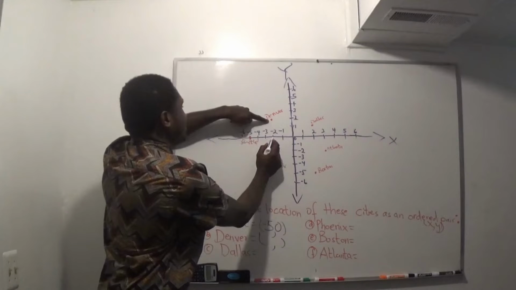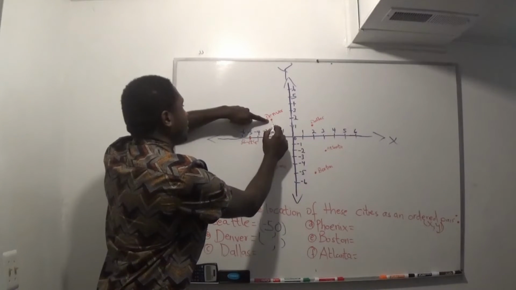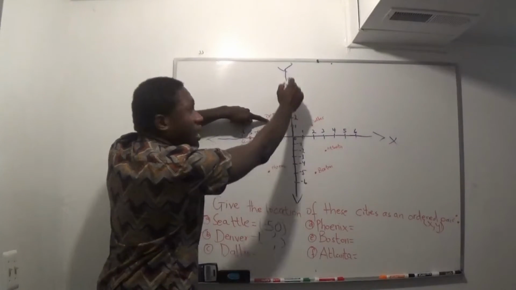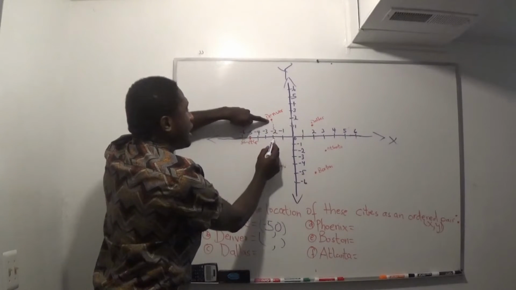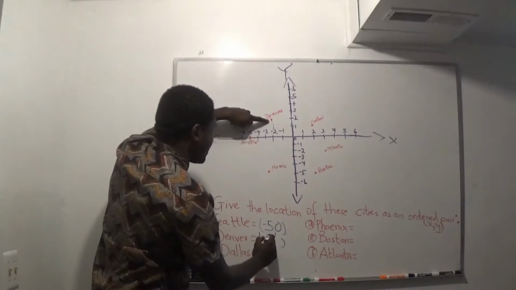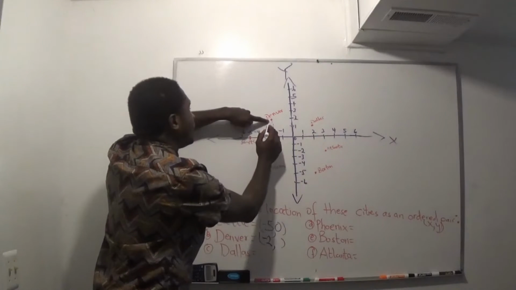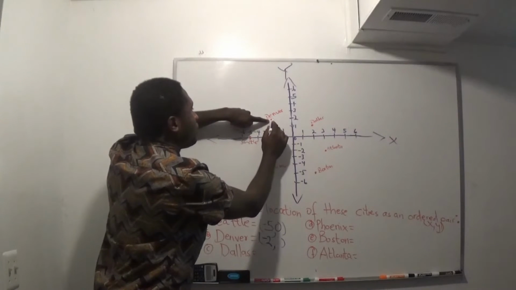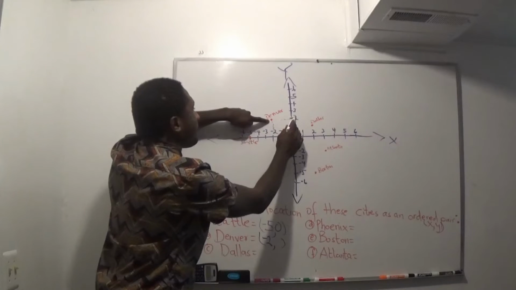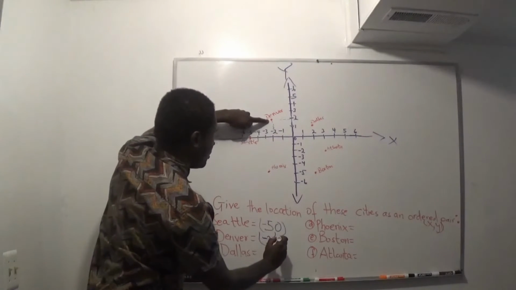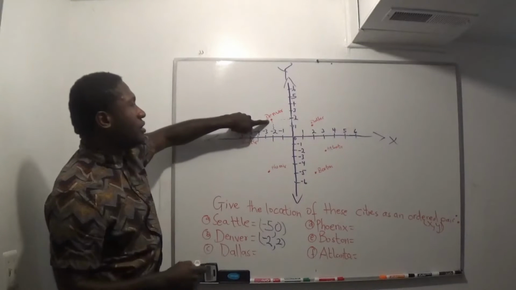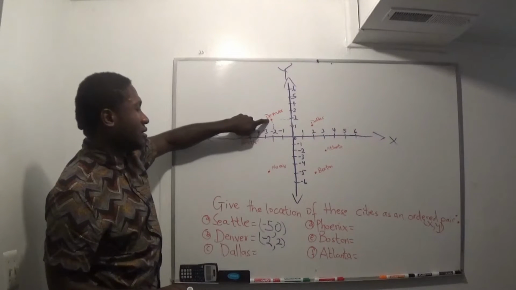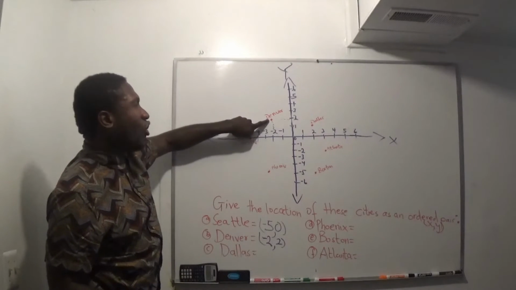You come down here, because we know always this line is your X and that line is your Y, right? So when you come down here, it's -2. So that is your X. And then your Y at this point, when you go here, is +2. So that's how you're going to give this location as an ordered pair.